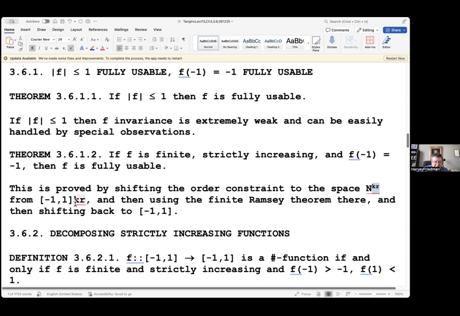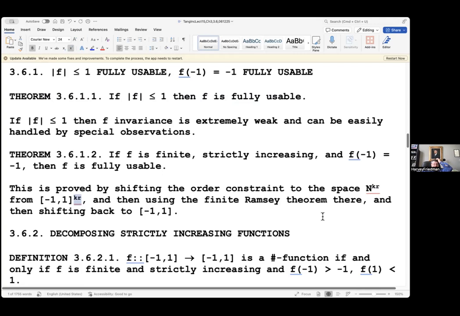You actually switch the context into the non-negative integers, and then you get a certain kind of indiscernible for a maximal solution to an order constraint, using the finite Ramsey theorem.